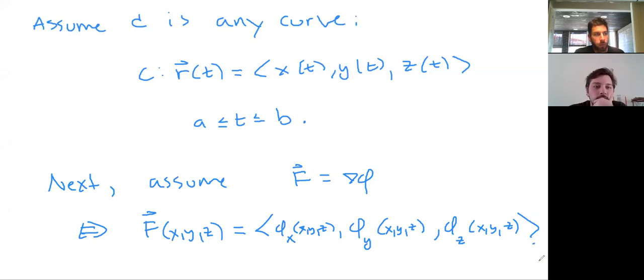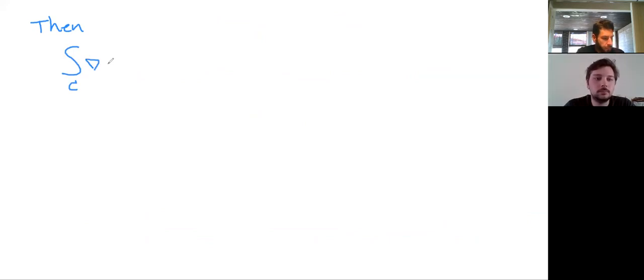Okay, so let's compute. Let's see what happens. I'm going to write this a little different. I'm going to write the line integral over C of the gradient of phi dot dr. We talked about this for a second. So this is just F dot dr. That's one of the ways that we can write a line integral. We talked about this on Monday.